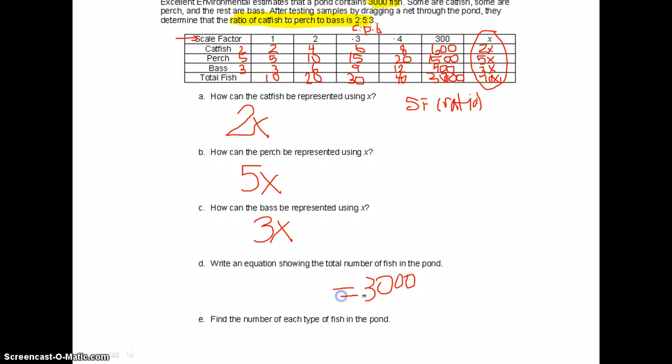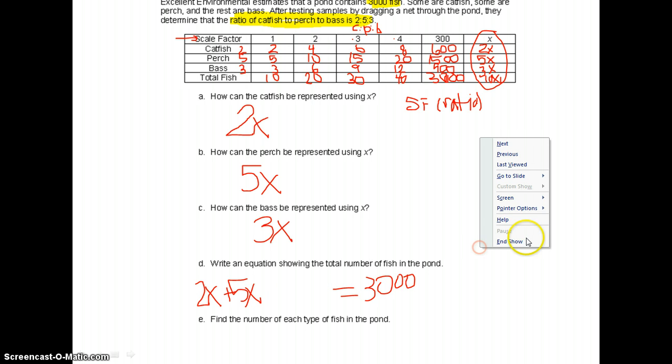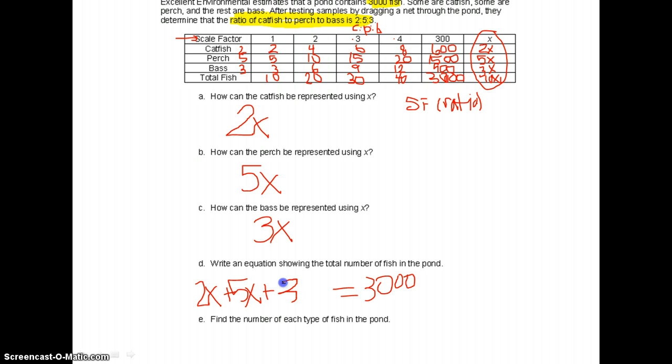Now, what makes up that 3,000? Well, the catfish, which is 2x, the perch, which is 5x, and the bass, which is 3x.